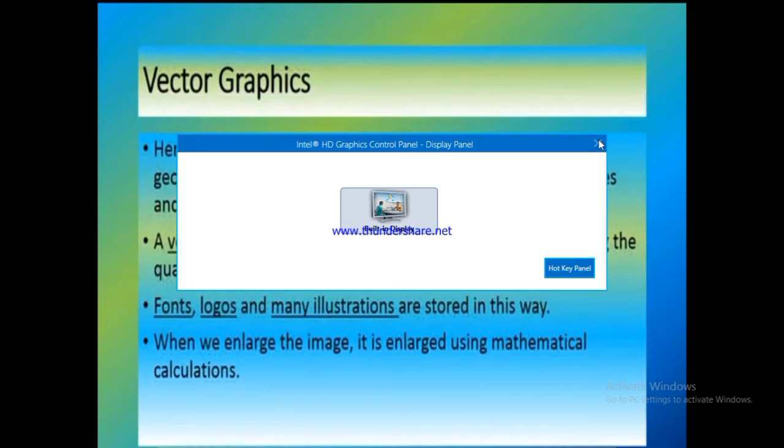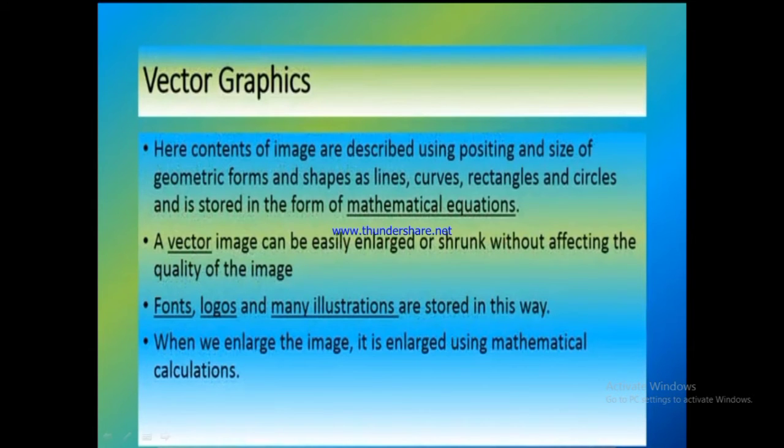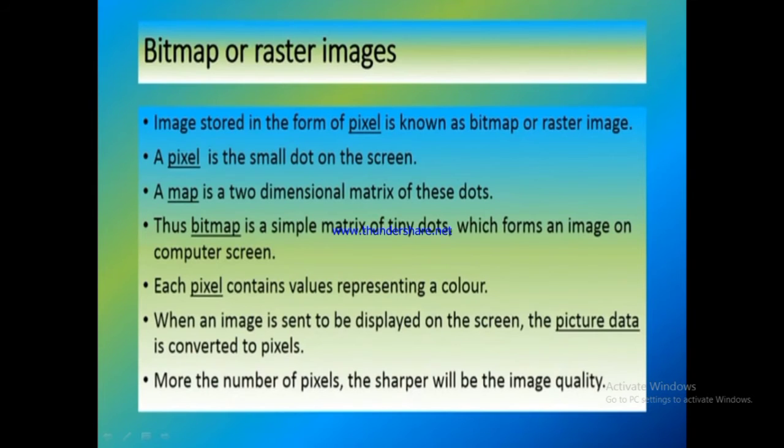For example, WMF, .cdr, .svg, etc. Typically, these files are compressed to save memory space.